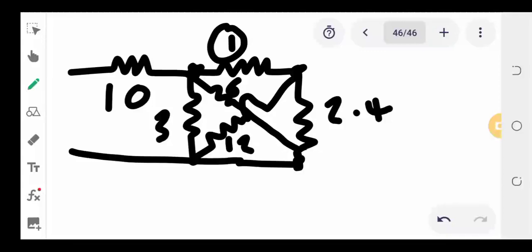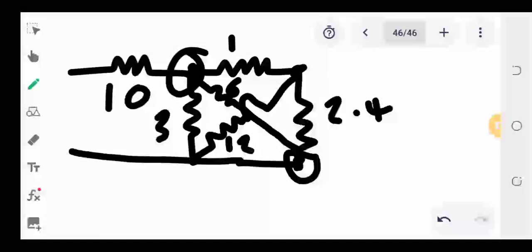The 1 ohm resistor and the 6 ohm resistor, these are not in parallel. But the other common feature that we must observe is that the 6 ohm resistor is connected to this terminal, and at the same time it is connected to this terminal.